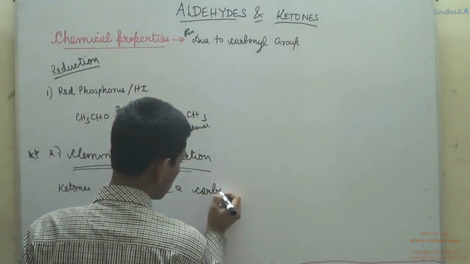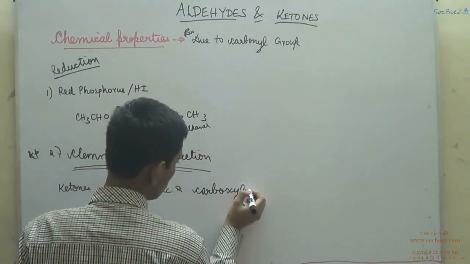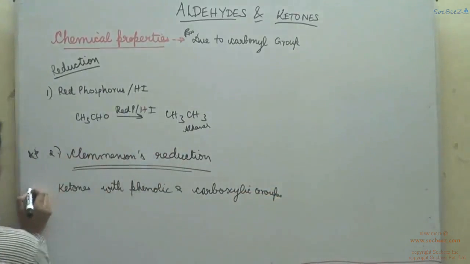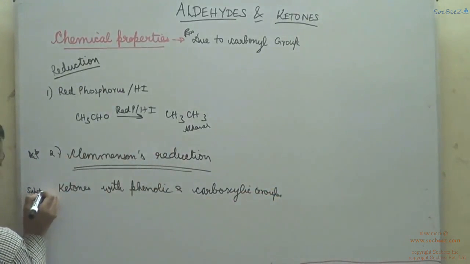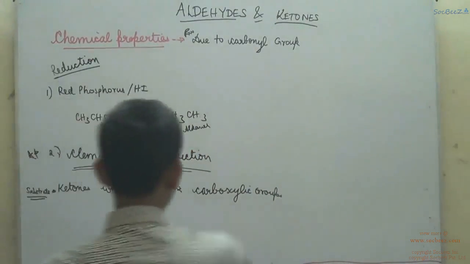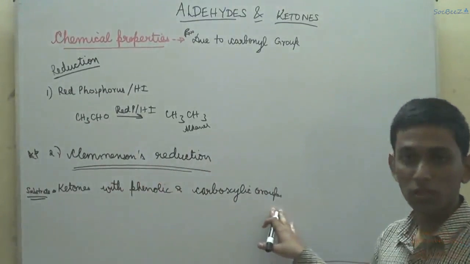So in Clemmensen's reduction, the substrate used is ketones with phenolic and carboxylic groups.